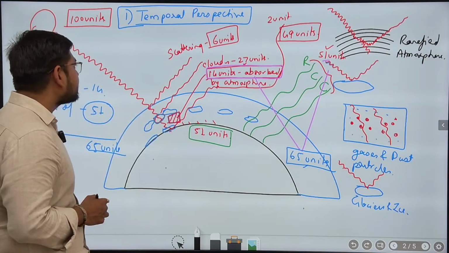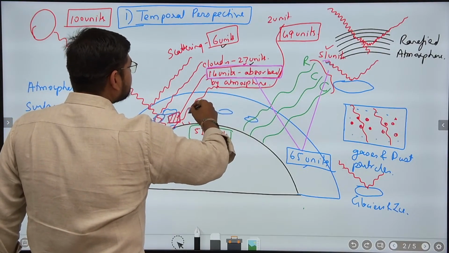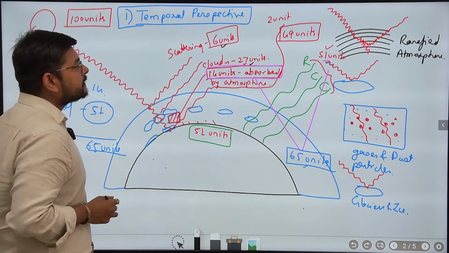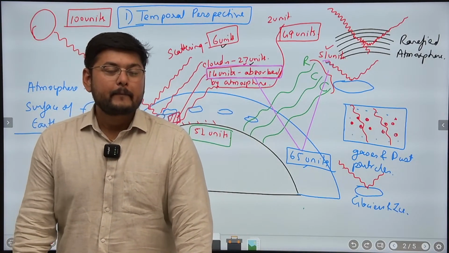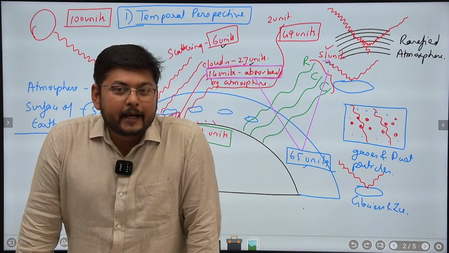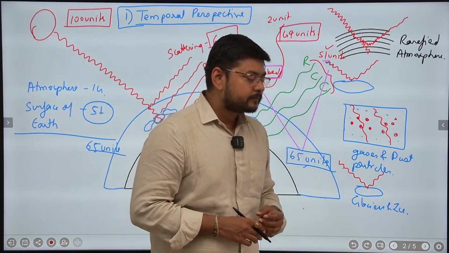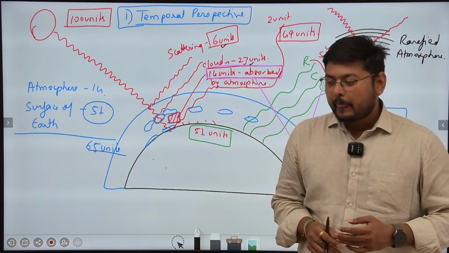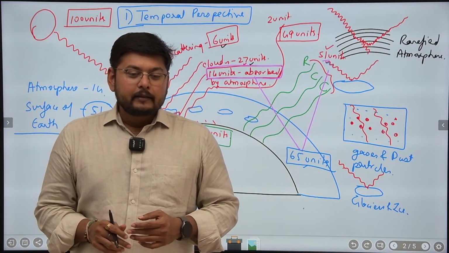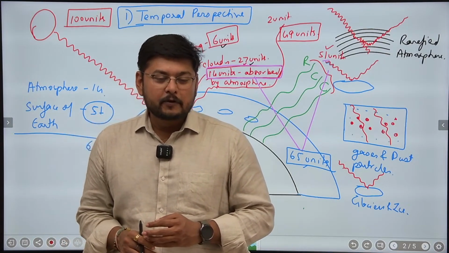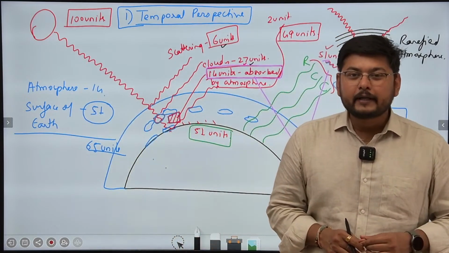We are adding up 6 units plus 27 units plus 2 units, totaling 35 units, and 14 units is absorbed by the atmosphere, but till now the insolation energy is not hitting the surface of Earth.